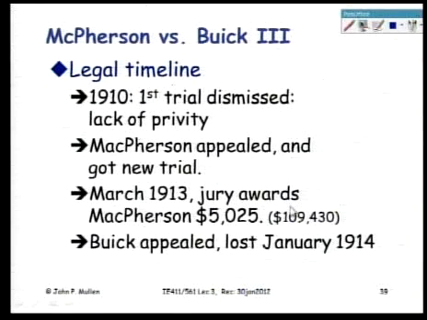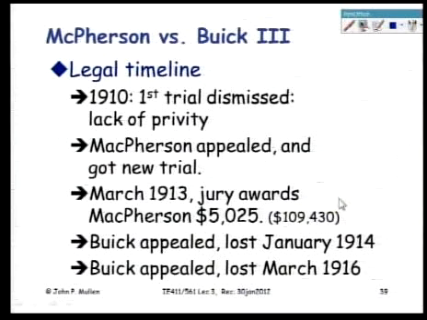Buick, of course, appealed, and they lost in January of 1914. When did this happen? Let's see. 1910. So it's been over 3 years. And Buick appealed again and lost in March of 1916.